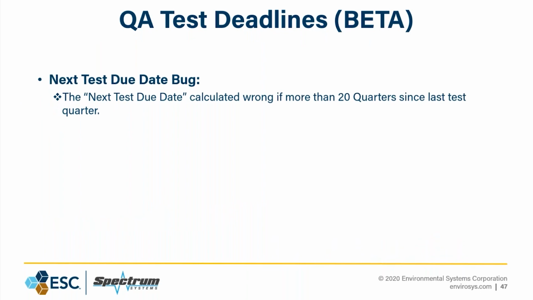The next test due date bug. The next test due date was calculated wrong if there were more than 20 quarters since the last test quarter.